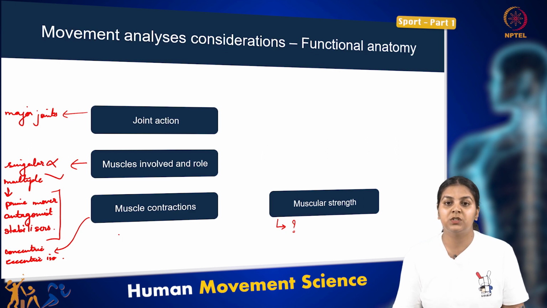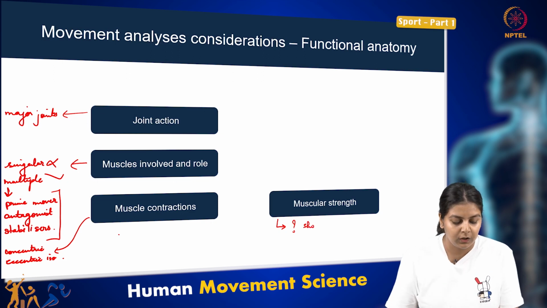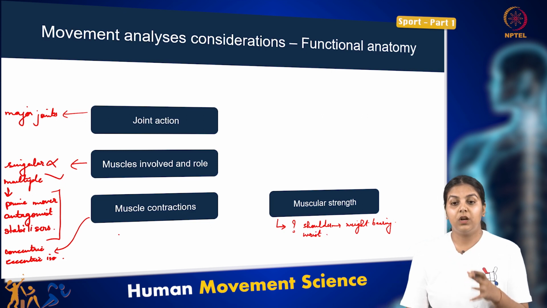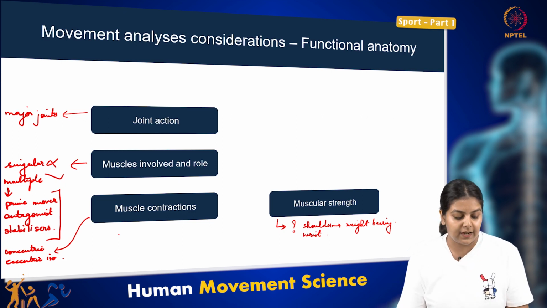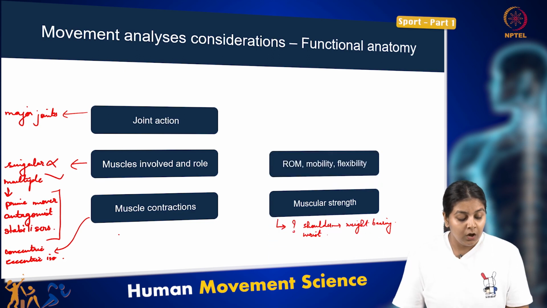Only when you start breaking down this movement can you understand where the strength needs to be built. So you probably need good shoulder strength because it is weight bearing, right? It could also be that your wrists are in the same position. So you understand what the demands and needs are in that scenario, right? So that's increased muscular strength.